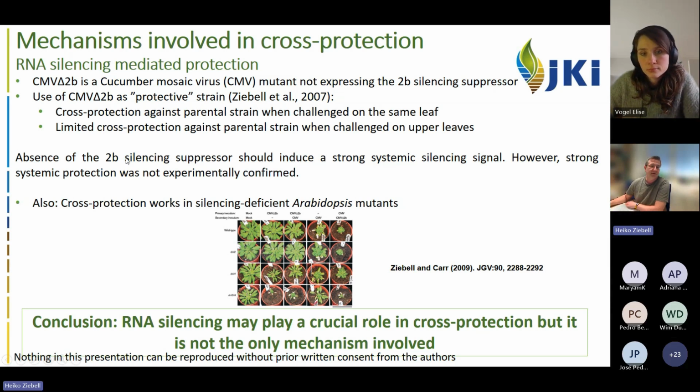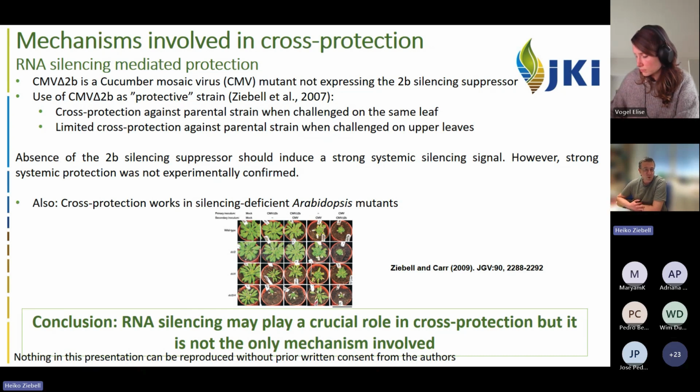And it should induce a strong systemic signal and therefore be a very good protective agent. And we found out that, yes, the cross-protection worked quite well when we challenged the viruses on the same leaf. But when we challenged the protective strain with the parental strain on different leaves, the protection didn't work so well. And this indicated that there was not a very strong systemic silencing signal.